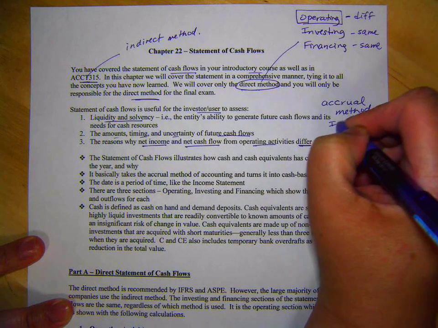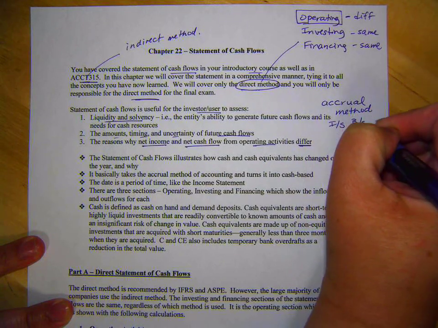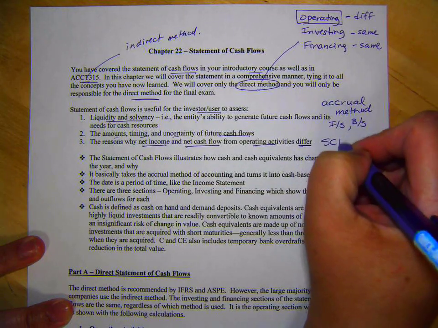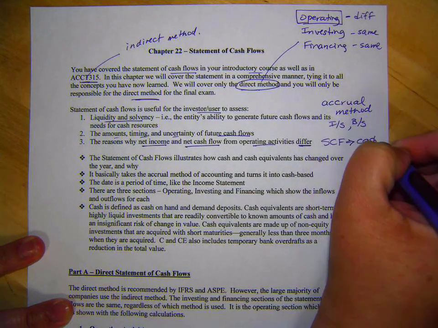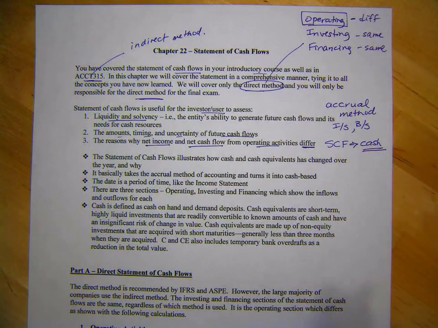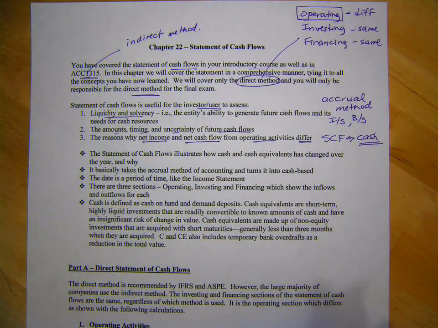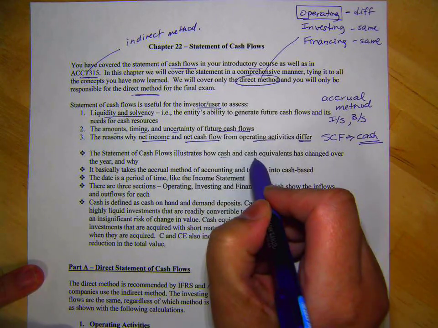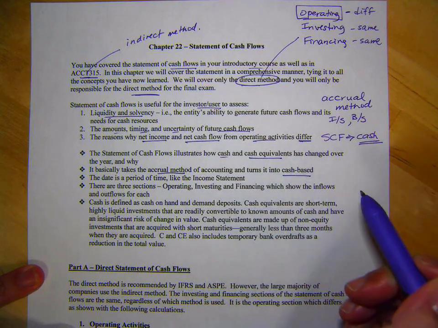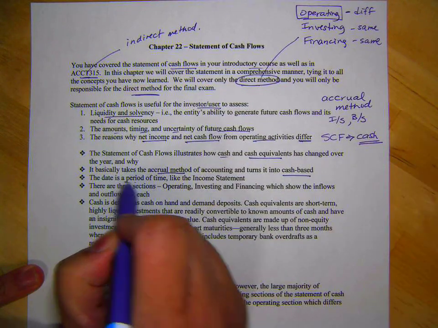And the income statement and the balance sheet are both based on that. Statement of cash flows looks at just cash going in and out. So it's a completely different statement. It illustrates how cash and cash equivalents have changed over the year and why, and turns the accrual method into cash-based.